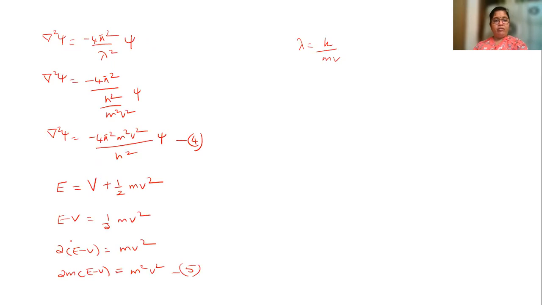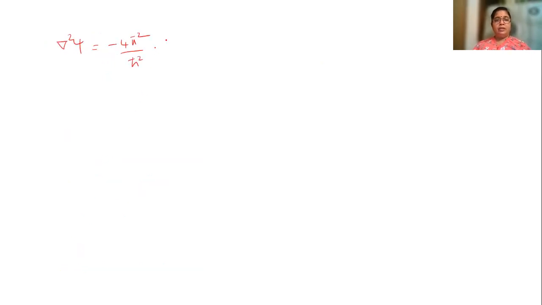So I have del square psi is equal to minus 4 pi square by h square, and what do I have for my m square v square? I have 2m(E minus V) into psi.